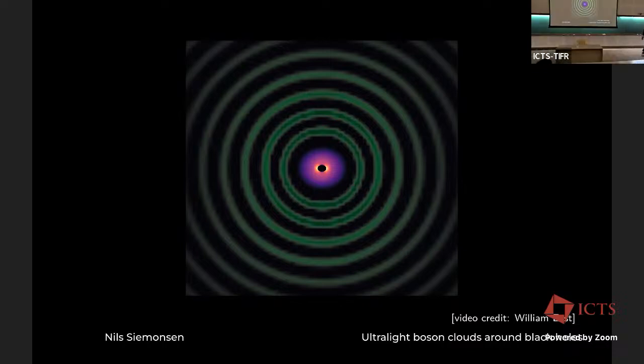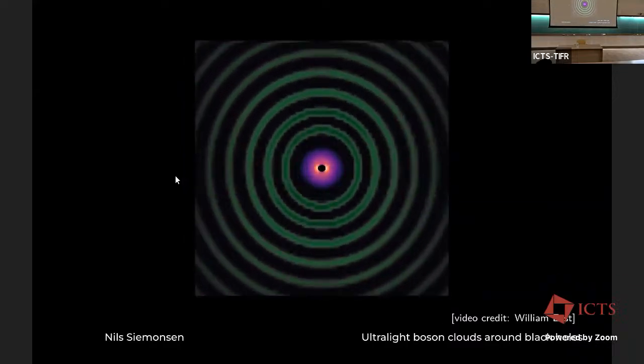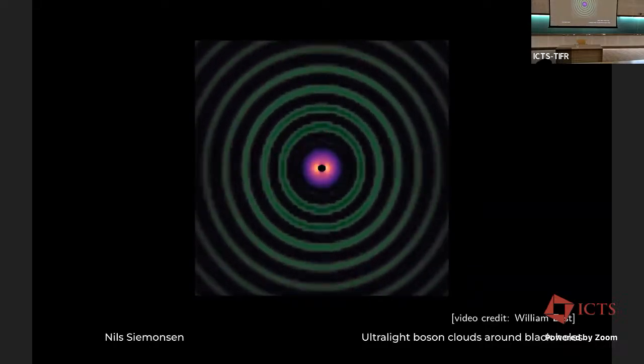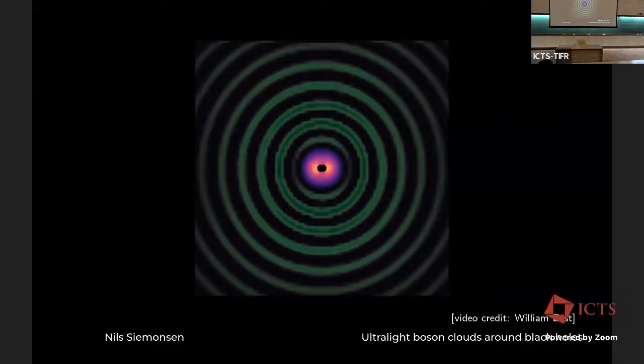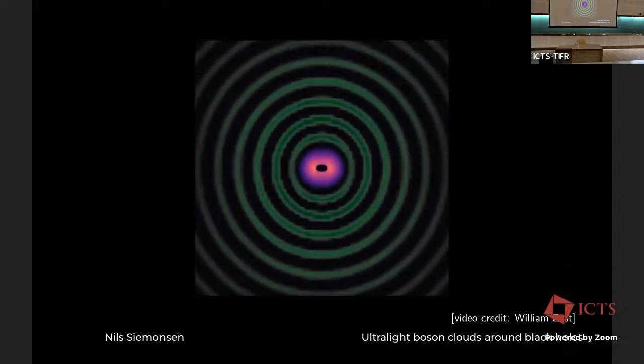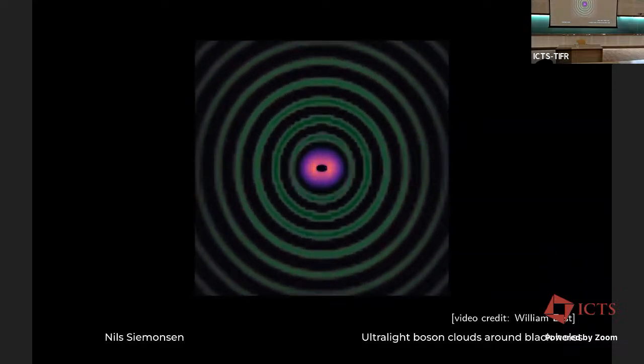This is a little movie showing you the cloud at the center, happily oscillating around the central black hole, and then in green, the gravitational waves being sent out to infinity. As you can already spot, these are basically monochromatic, or continuous, waves. They have a set frequency, and they evolve only very, very slowly in time.